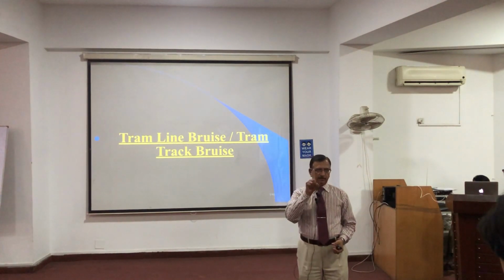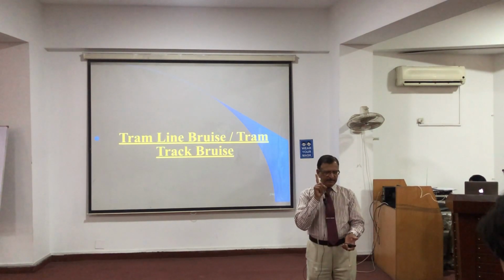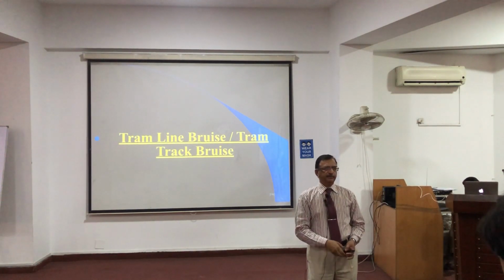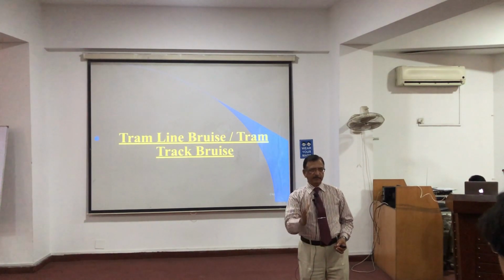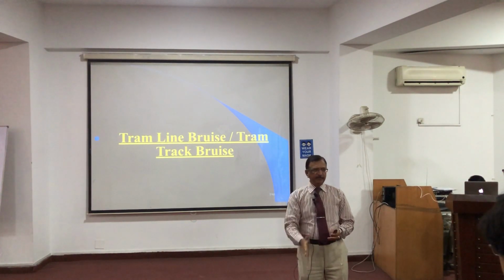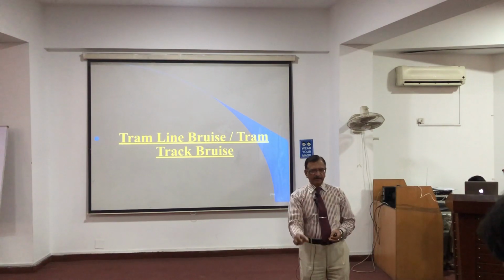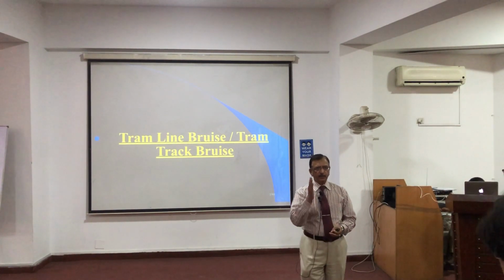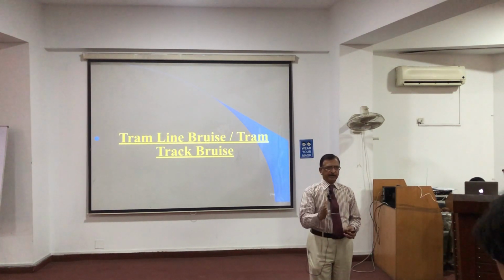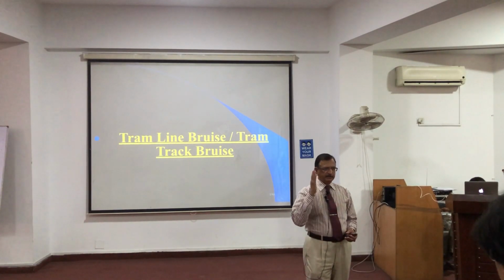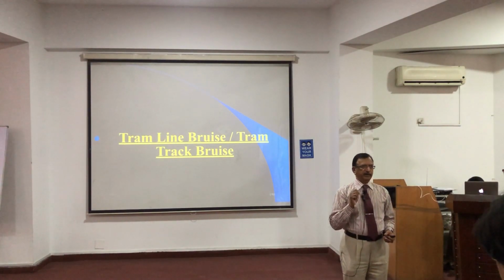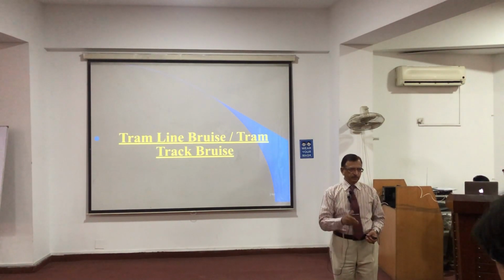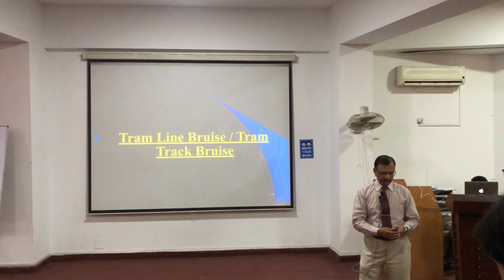When a longitudinal object is firmly pressed, at the point of impact there will be blanching or bleaching, and on the sides there will be hemorrhages. So two parallel lines showing hemorrhages with a central point of impact will indicate that some long weapon like a stick, metal rod or whiplash has been used, causing tram tracks or tram lines.